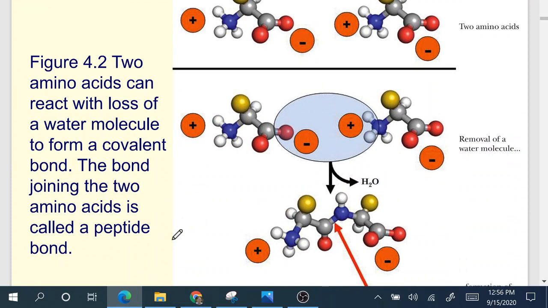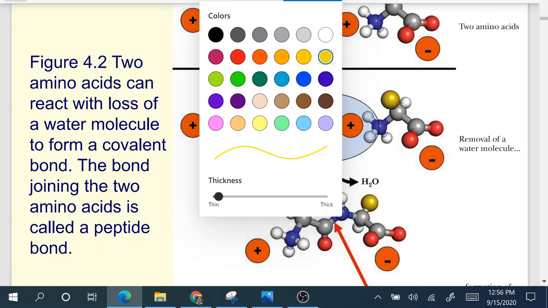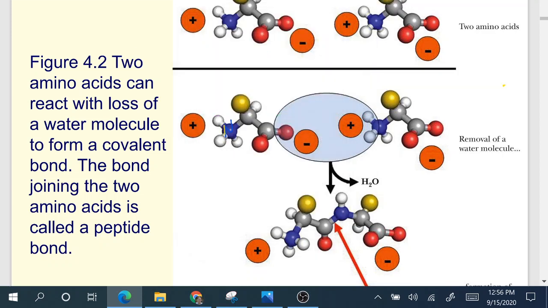Okay, so two amino acids can join together and react with the loss of a water molecule, which is a dehydration reaction, and when they do, they form a covalent bond. The bond joining the two amino acids is called a peptide bond. So you can see here we have the amine group. This is a nitrogen. Let me change my color here a little bit. Let's make it yellow. Okay, so this is a nitrogen.